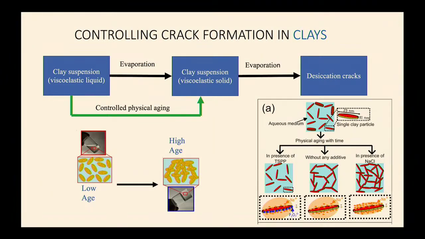That compound is TSPP. So we use a tiny amount of tetrasodium pyrophosphate as an additive, and when you add it to your clay suspension, the P2O7s, the pyrophosphates, go sit on the positively charged rims. The positively charged rims now become negatively charged.